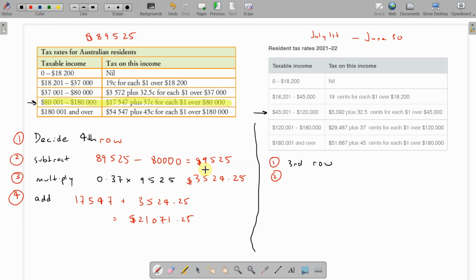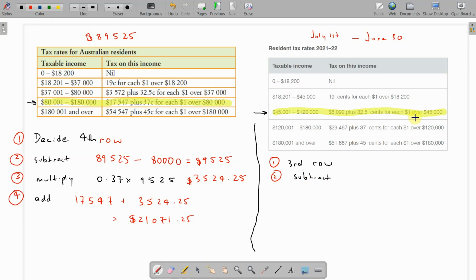2. Subtract. We're going to find out how much more than this. This is our row. This is the row for this one. This is the current tax. Okay, subtract.